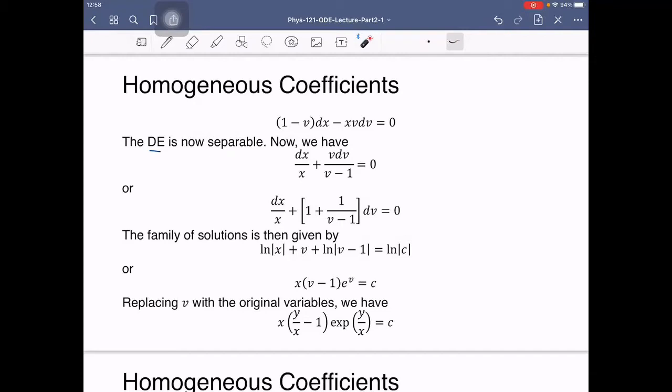And of course, pwede natin i-represent yung constant as ln of some constant.